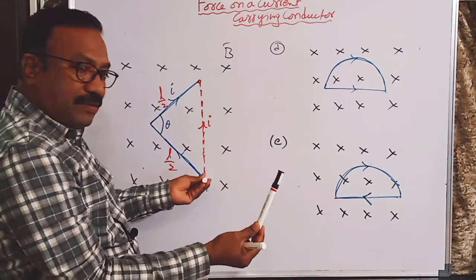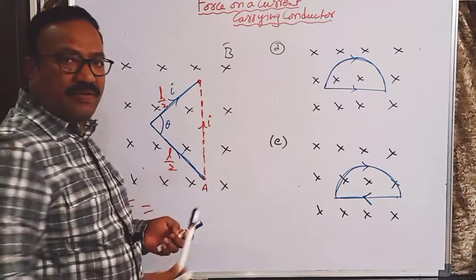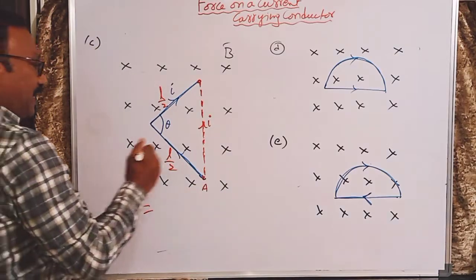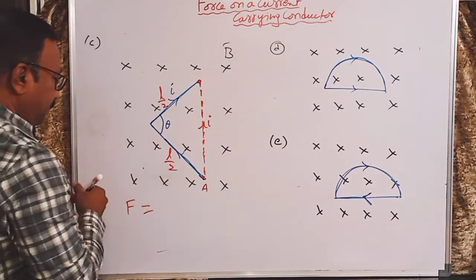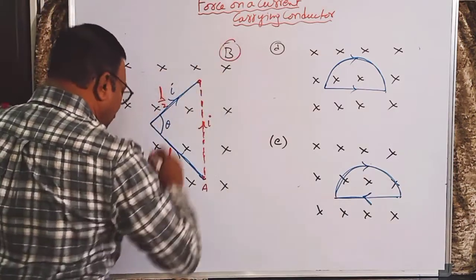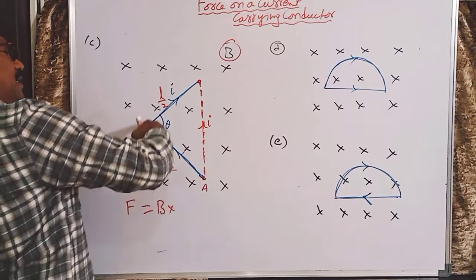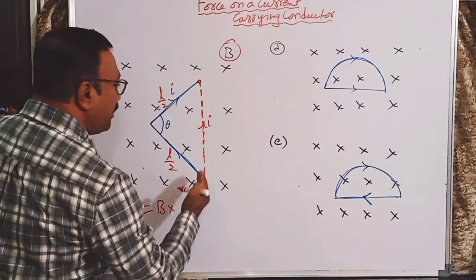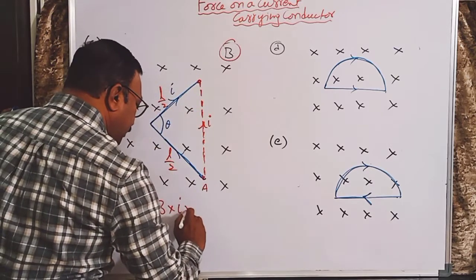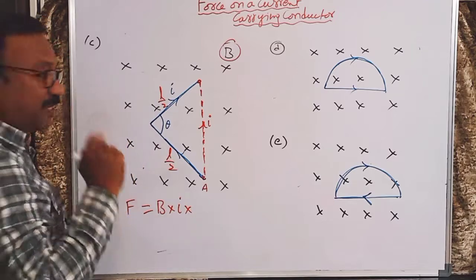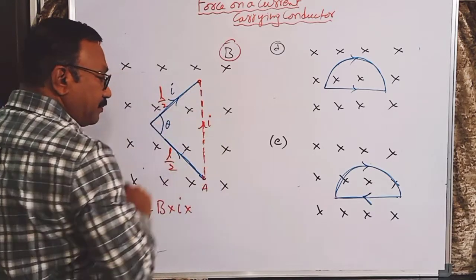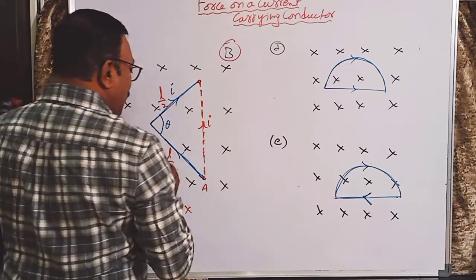This is inward, this is like this. So always 90. So B I L sine 90. B means strength of the magnetic field. I means the current that is flowing in this wire. The same current is assumed here. L means displacement vector, this one. How much is that? That's what I wanted to find.